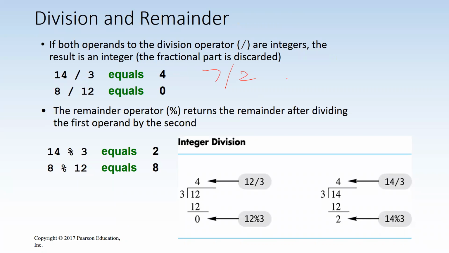What's the result of that? 3. 7 modulus 2. What's the result of that? Is it 1? Yes, 1 it is. 7 divided by 2 is the quotient. Okay.